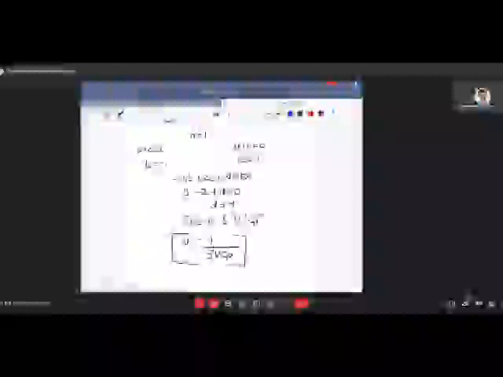Therefore, if you are writing Stanton number as h power 1, rho power minus 1, v power minus 1, and cp power minus 1, we will get h by rho v cp. Stanton number is given by h by rho v cp.